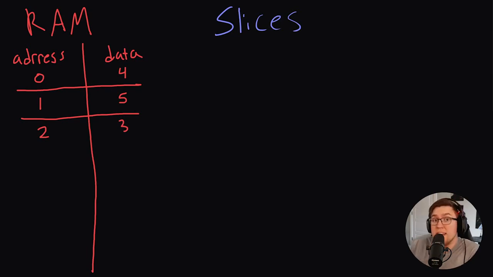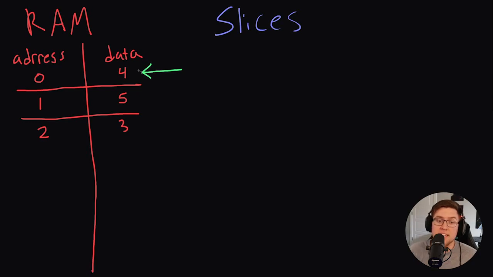Slices and the arrays that they are built on top of are stored in contiguous memory. Basically, what that means is a slice or an array is an address in memory where the slice or array starts. So for example, at address 0, we might say this is the start of a slice. And the slice actually continues for the next several bytes of data.